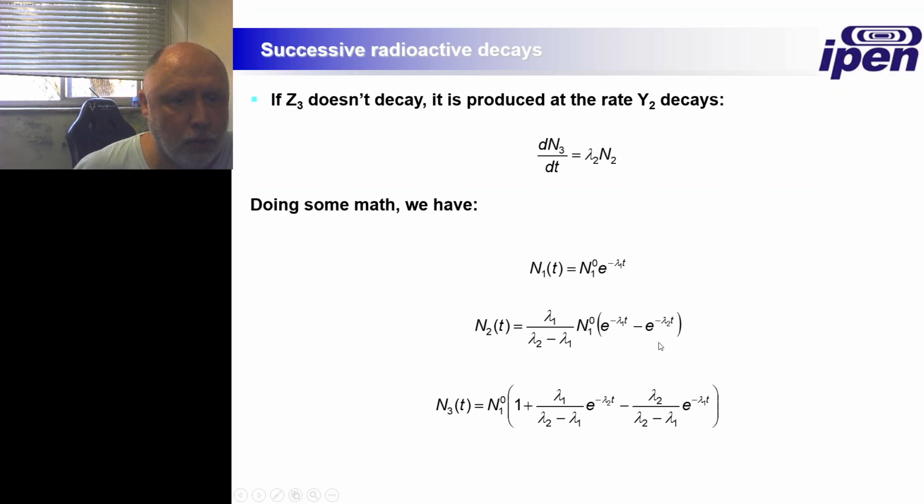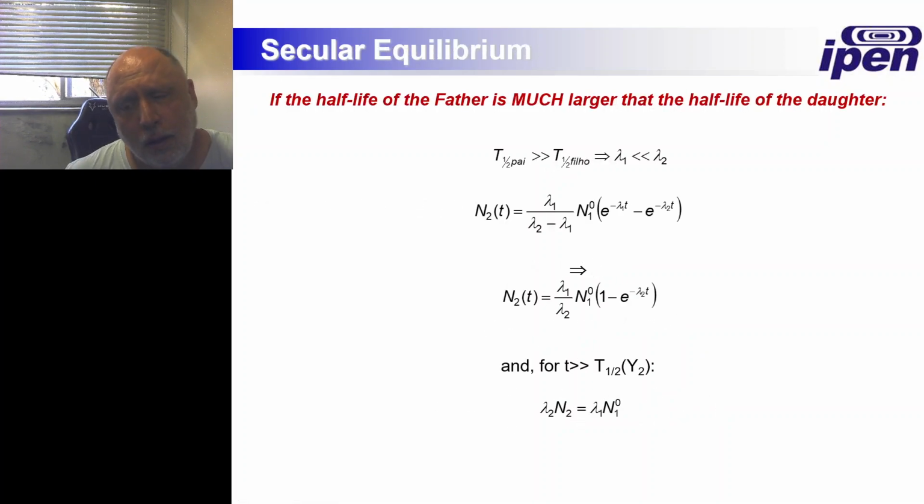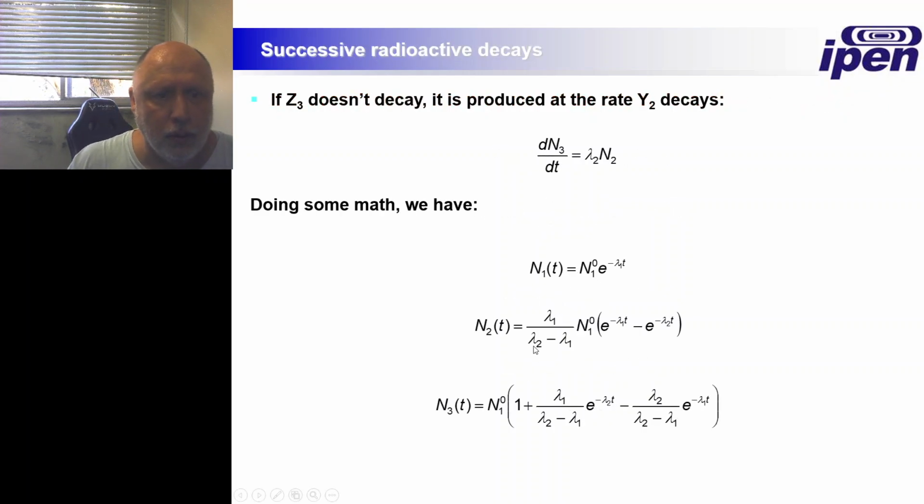The decay of the father is creating more. At the same time, the decay of the daughter is reducing it, and we have a proportionality constant here that has to do with the decay constants.